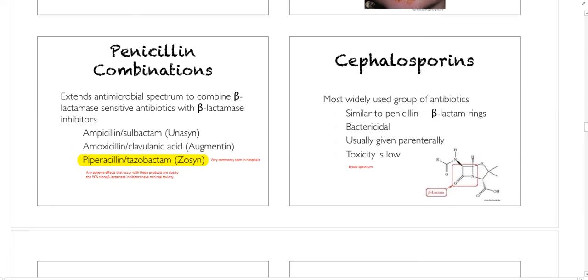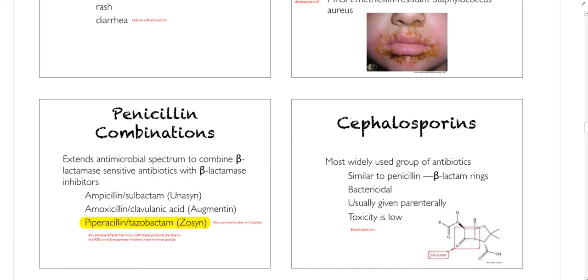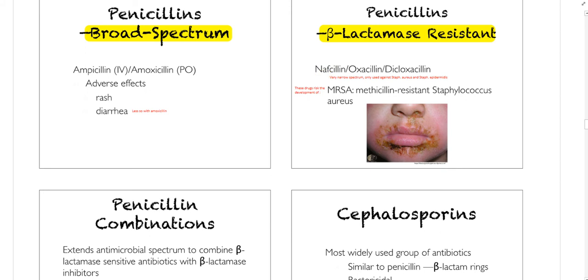Okay, so we also have our penicillin combinations where we combine a beta-lactamase sensitive penicillin with a beta-lactamase inhibitor to try to have that double whammy approach. Actually, it would be inhibitor, not resistant. Resistant would be these guys here, versus these ones.